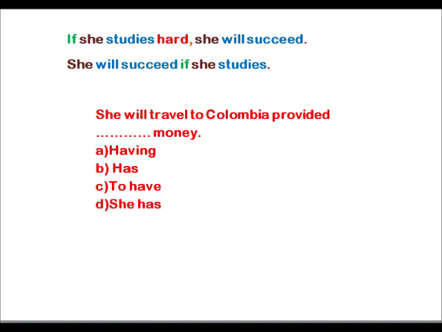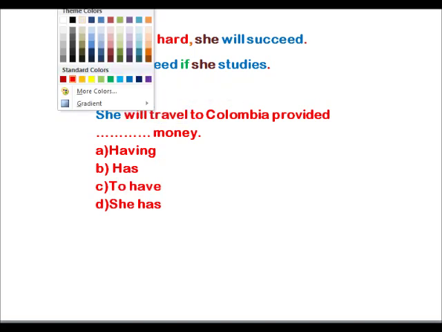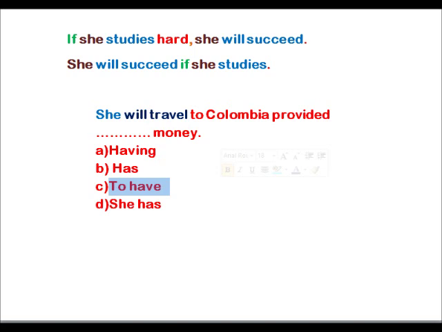Now let's check this together. In order to be able to answer a question like that, you need to check the elements first. Look at she. She is a subject. Do we have a verb? Yes, we've got a verb, which is will travel. So we've got she as a subject, will travel as a verb.